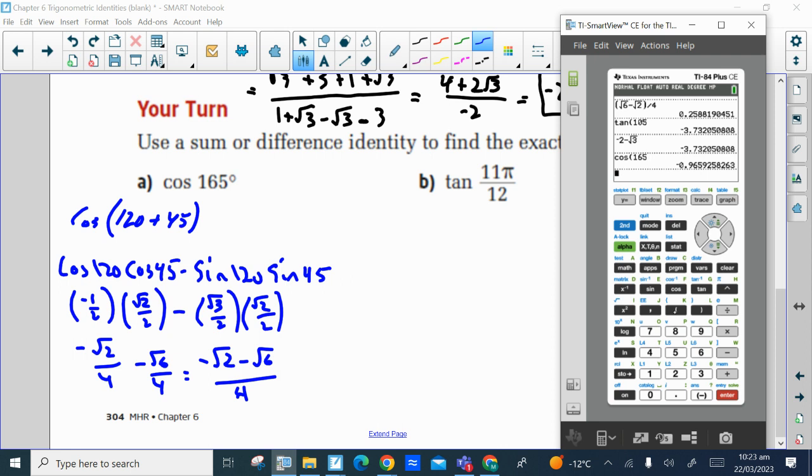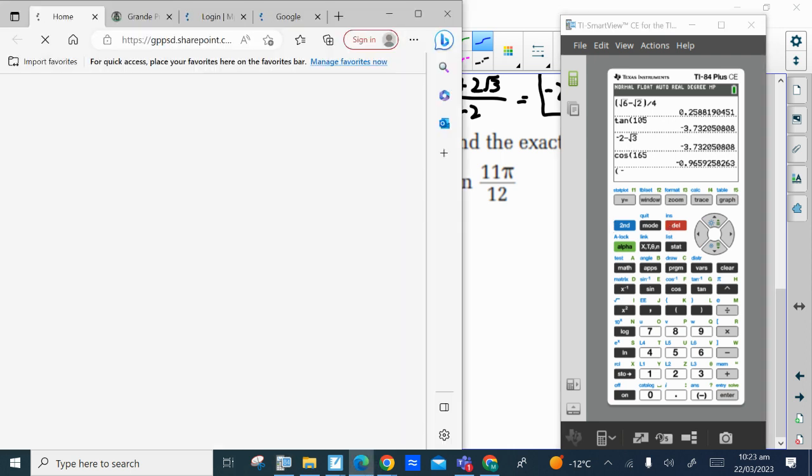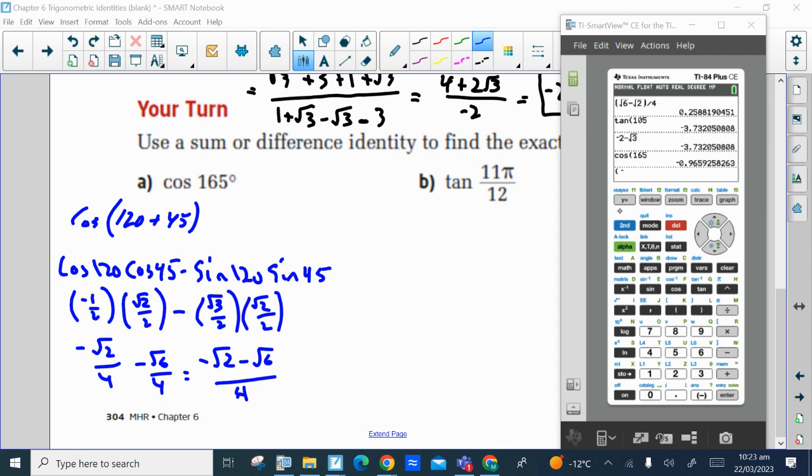So if we check the answer we got, the negative root of 2 minus the root of 6 all over 4, same decimal.